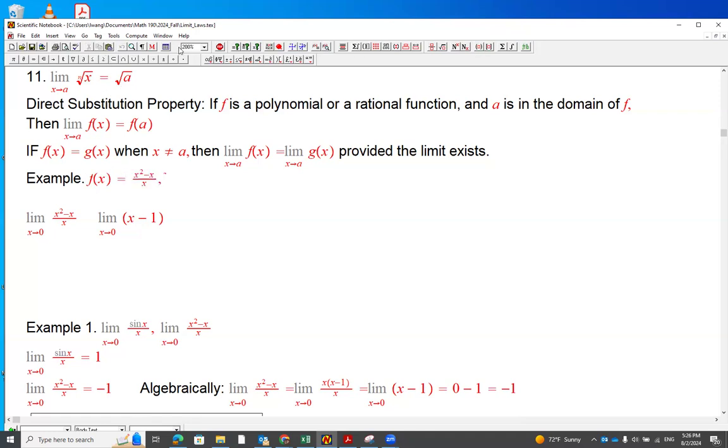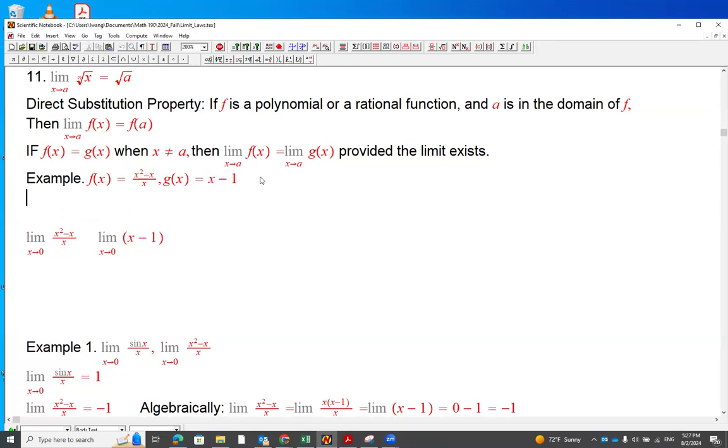And the other one is g of x equals x minus 1. The domain of the first one is x cannot be 0.